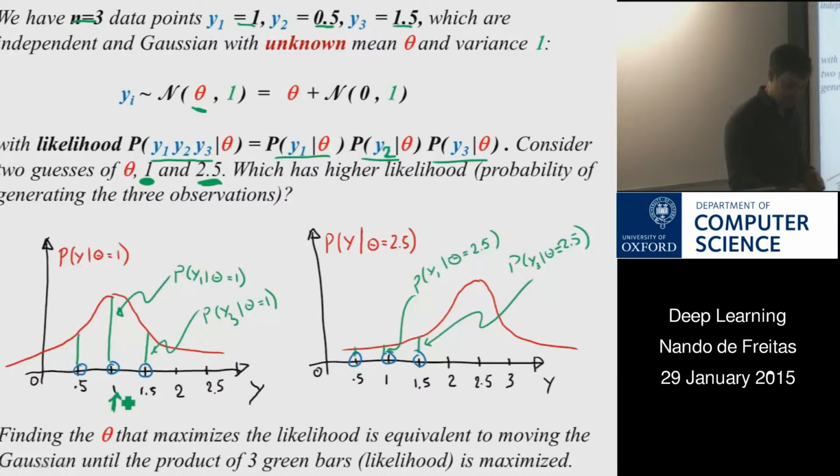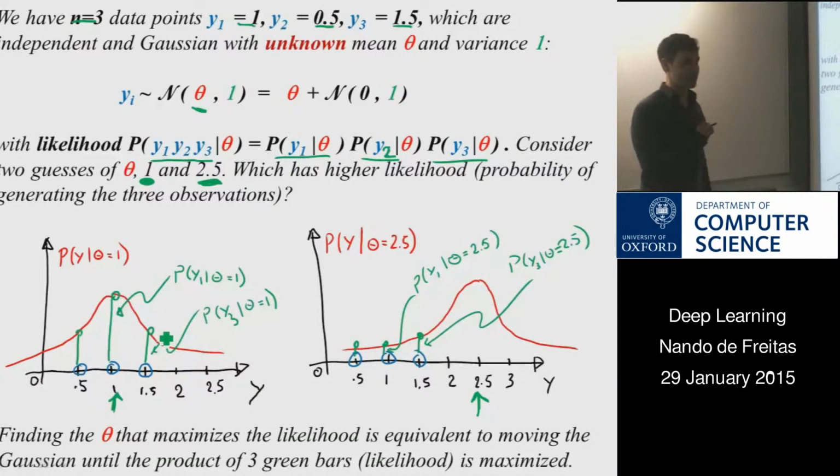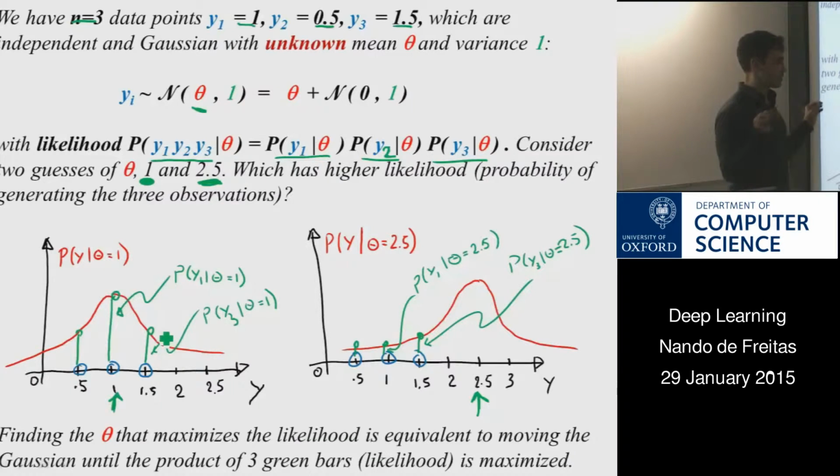And if you believe that the mean is 2.5, you would plot a Gaussian that has mean 2.5 and variance 1. And then what you would do to evaluate these probabilities is you would look at the height of each of the observations being 0.5, 1, and 1.5. And then what we do is we multiply those 3 heights, and the one that gives us the highest product is the one that's the most probable. That's the likelihood. That's essentially maximum likelihood.